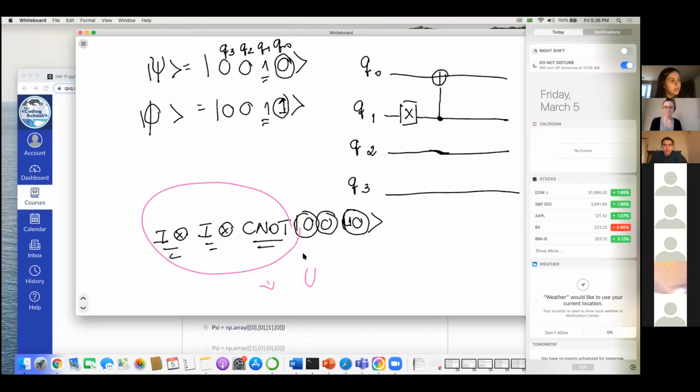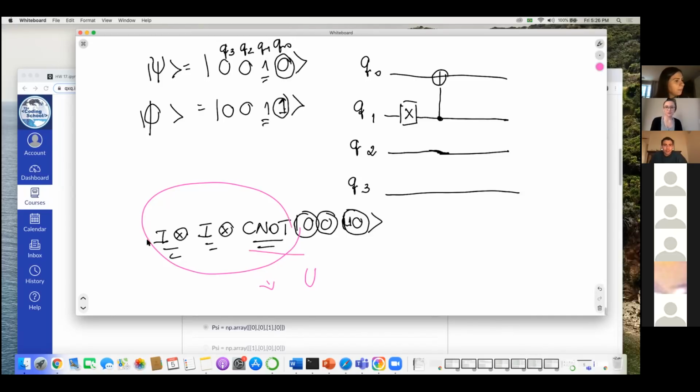A C naught just randomly put here could mean I'm applying it to whichever vector I have here. So when I write this identity matrix before, I'm placing the C naught where it should be.